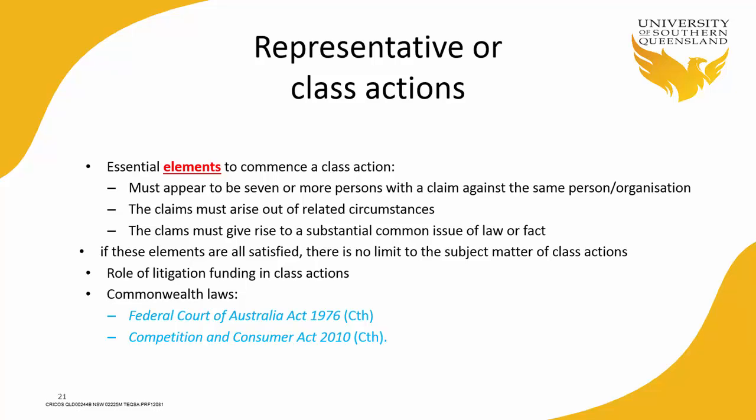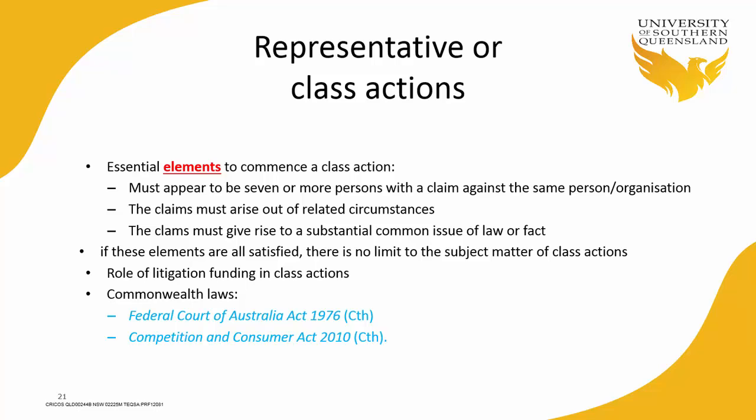So in relation to the cause of action that relates to a class action as a legal theory, in order for you to join with others and bring one cause of action against a certain individual or party, you have to be able to establish these 3 elements.